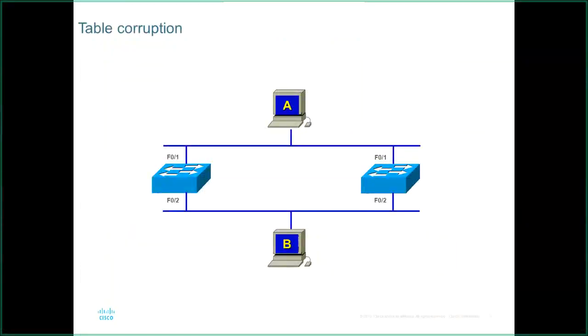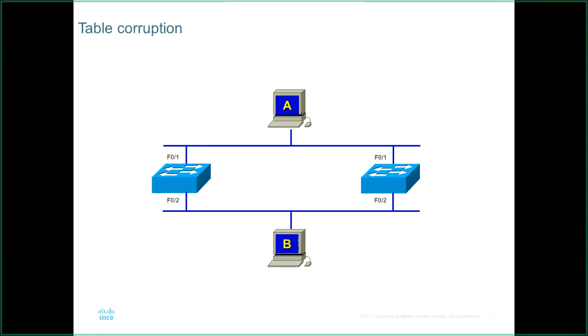So what's a broadcast storm type event? So one of the most common causes of a broadcast storm would be the corruption of the MAC address tables in the switches.